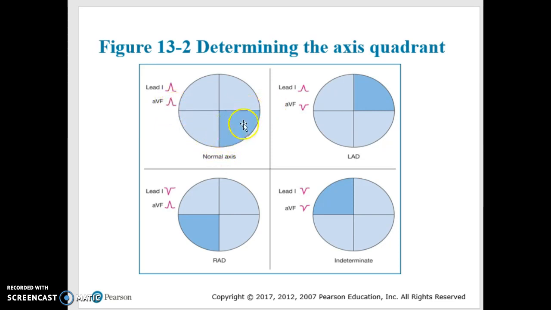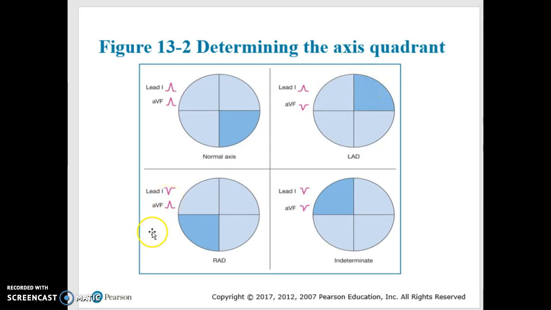So that gives you this section of the pi, which is a normal axis. Let's look over here to the left axis deviation. Lead 1 is positive. You're going to travel from the center to the right, and AVF is negative. So you're going to start from the top and travel down. So this shows you this area. And so on and so forth.